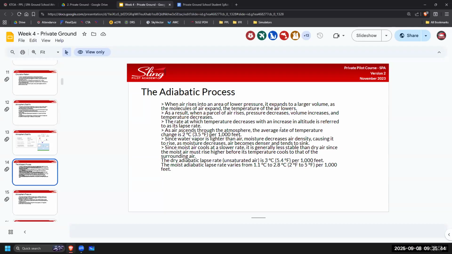So that's expanding. And we know expanding creates less dense air. And as moisture decreases, those water molecules are coming out of the air, it becomes dense again and it sinks. Does that make sense? Water vapor is lighter than air. It's taking up space where air molecules would be.